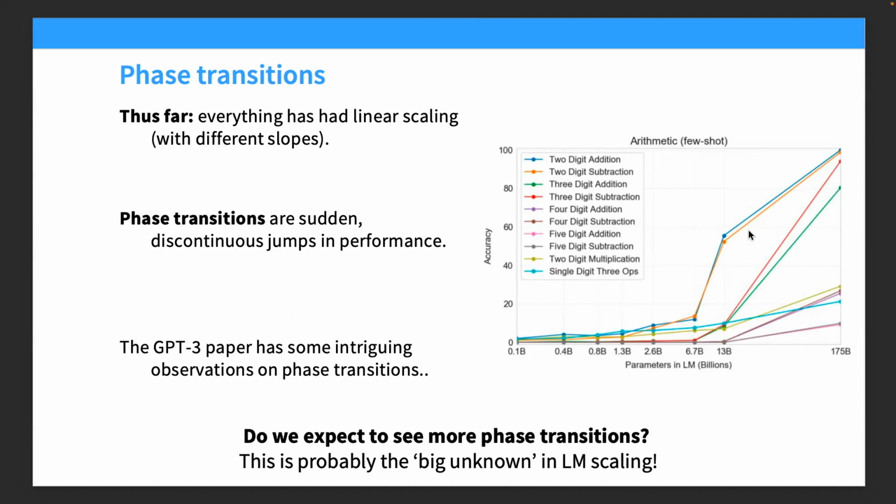And then you will see that the addition and subtraction accuracy will increase by a lot. It's a discontinuous jump in the performance. And people right now call this emerging capabilities of the LLM.